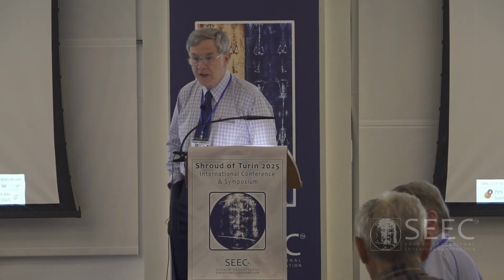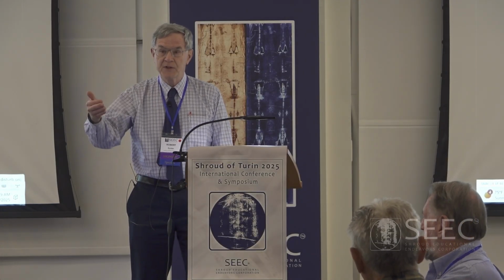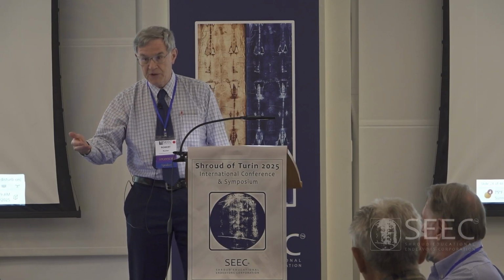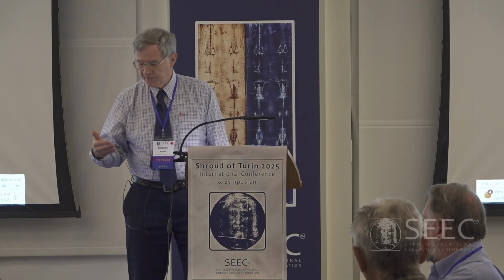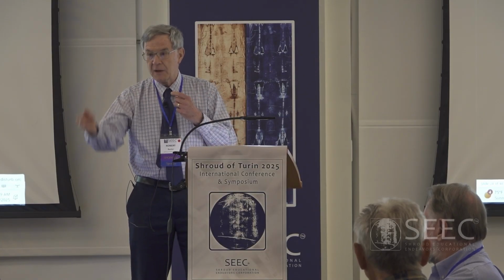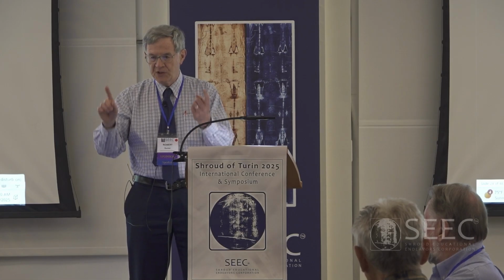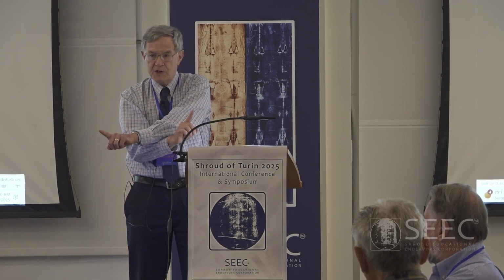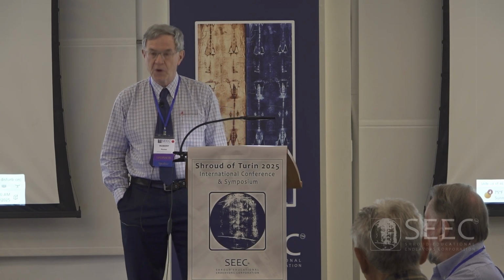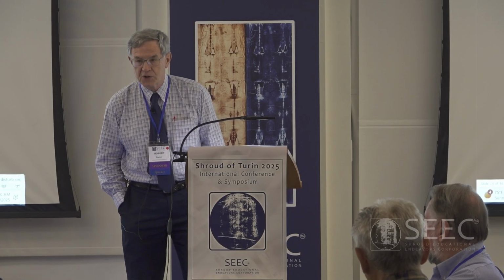Yes, in the past, the main objection to the authenticity of the Shroud, and thus the resurrection of Jesus based on the Shroud, is the carbon dating. So what I've done, and I'll talk about the results in my next presentation, is turn that 180 degrees around, so that one of the best evidences for the authenticity of the Shroud and its evidence for the resurrection is the carbon dating of the Shroud.